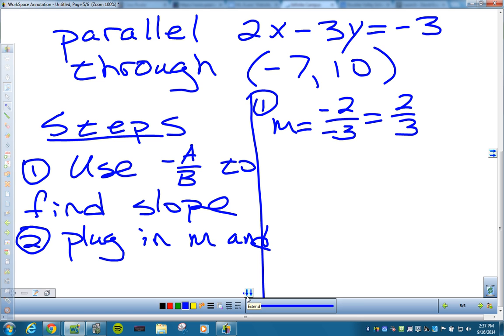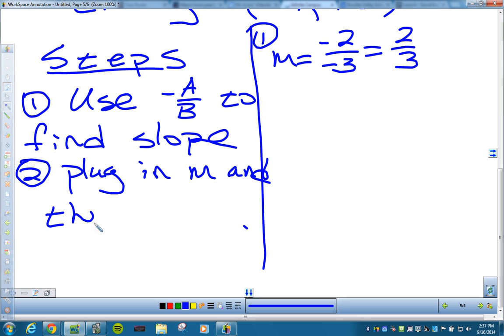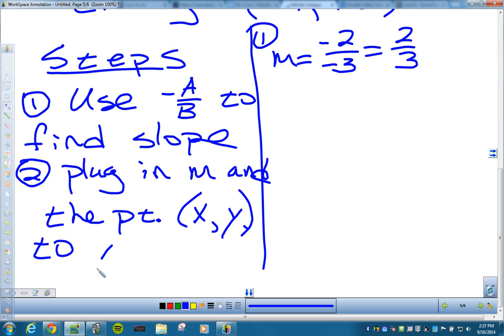And the point, and the point is always in x comma y form. Then y equals mx plus b. So we're going to do that next.